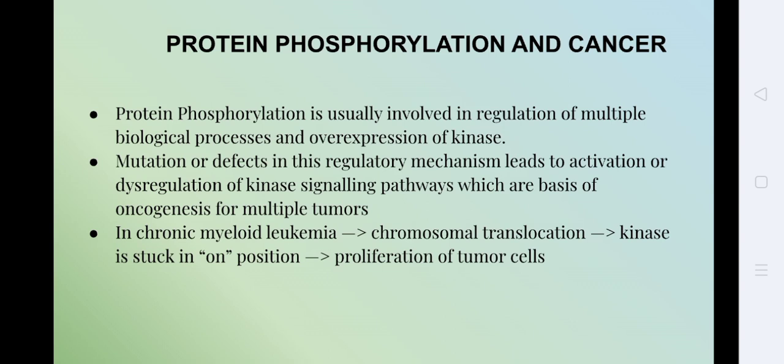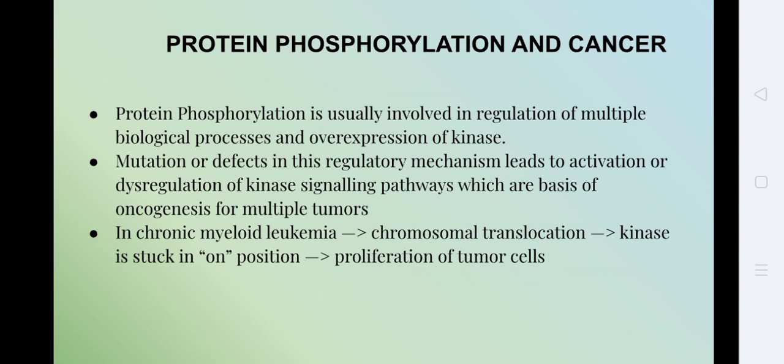In the same way, protein phosphorylation is involved in the regulation of multiple biological processes and overexpression of kinase. If there is a mutation or a defect in this regulatory mechanism, it would lead to activation or dysregulation of kinase pathways, which will be the base for multiple tumors.